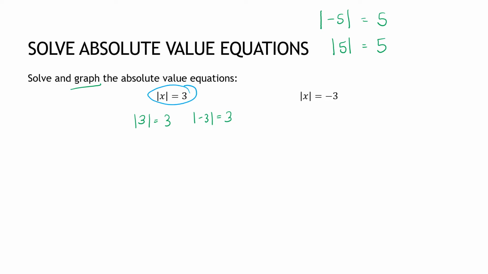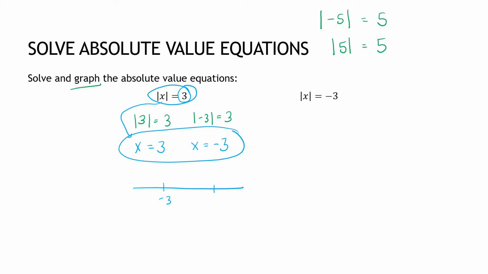When I'm solving an absolute value equation, I'm going to take whatever is inside and set it equal to the value that is there, and then set it equal to the opposite sign, or the negative value of whatever is there. So here, that's all I had to do, and those are my two solutions. And if I graphed them, it would just be a dot at -3 and a dot at 3, and I'm all done.